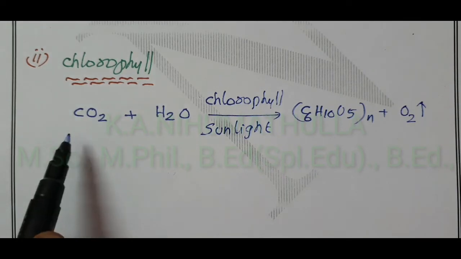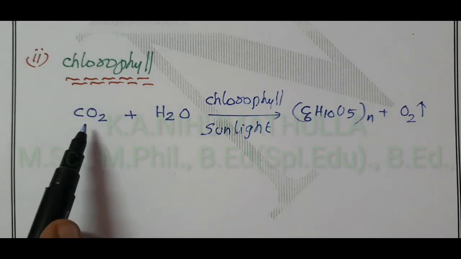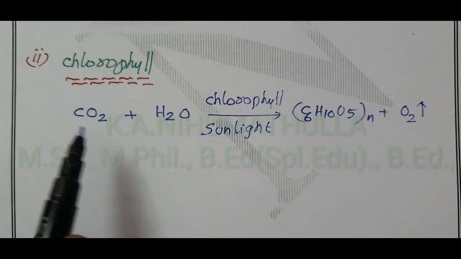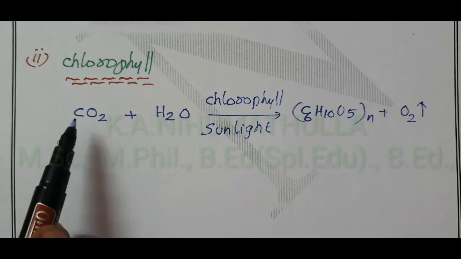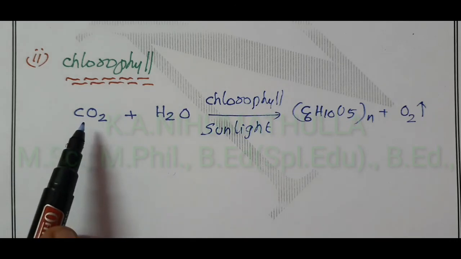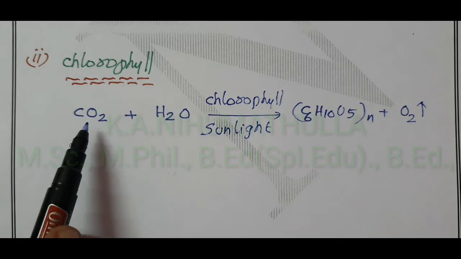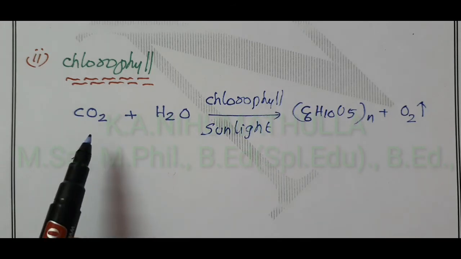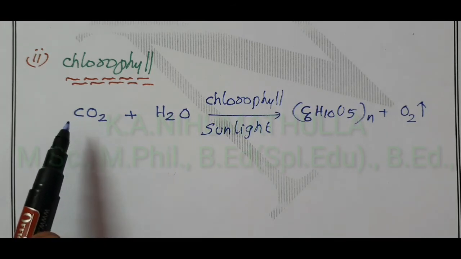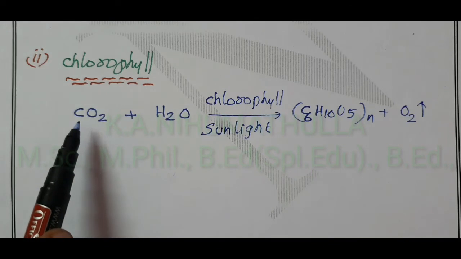Carbon dioxide in the atmosphere causes air pollution, and it is a main gas in two-wheeler exhaust and industrial fumes. It is also the main gas responsible for global warming.